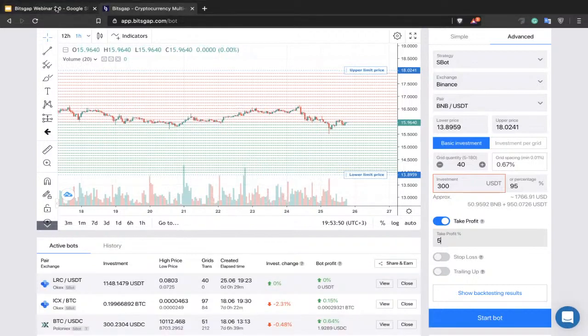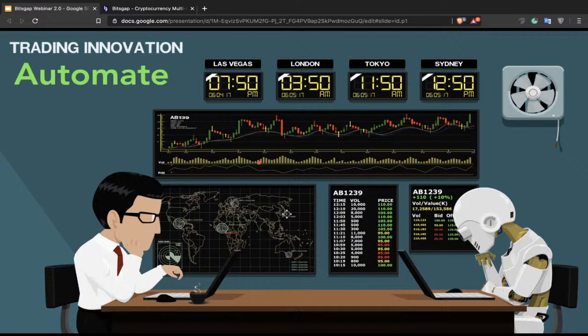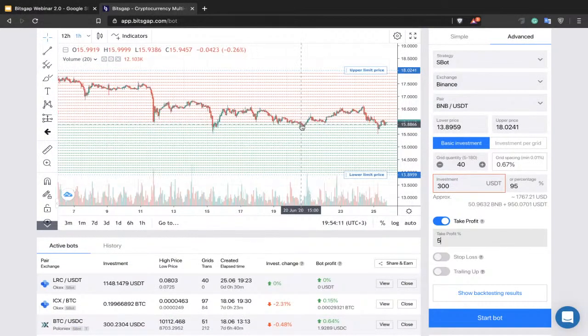All right. So the biggest advantage of automated trading is that you are no longer required to stay in front of your computer 24/7 to monitor the market and to find these trade opportunities manually. You now have automation, you now have the bot to find this on the market to buy low and sell high.